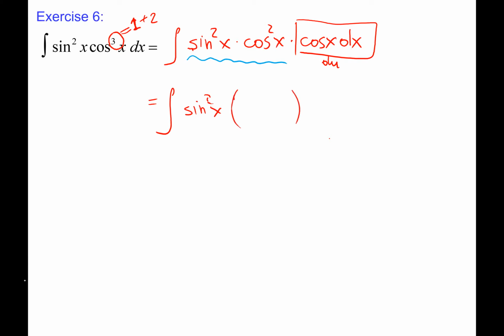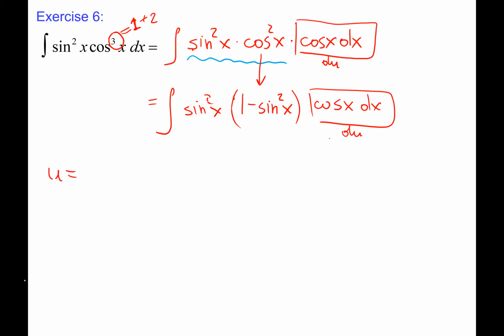And now, what about cosine squared of x? Who can tell me how I can rewrite cosine squared of x in terms of sine? And I will just copy this. I'm assuming this will be du. What shall I put here? Thank you. 1 minus sine squared of x. Very good.